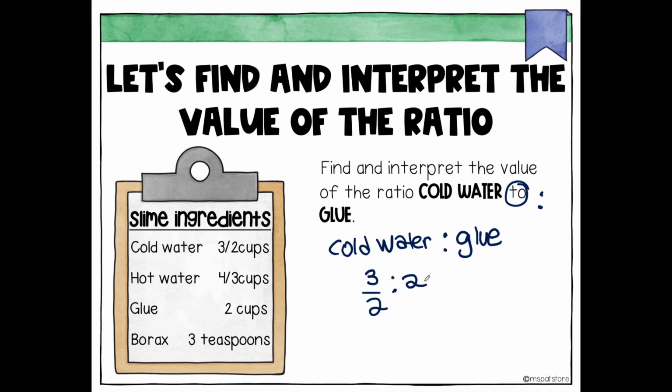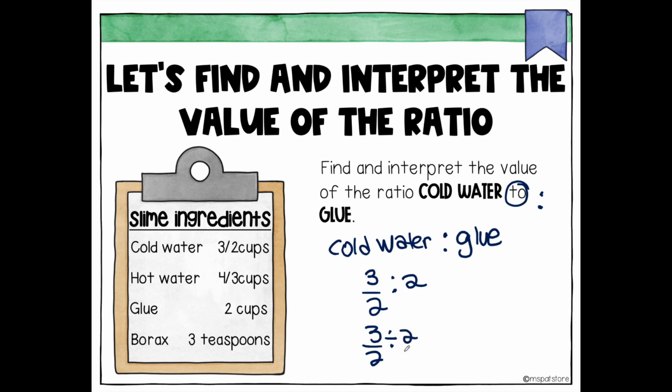Whenever they ask you to find and interpret the value of the ratio, basically you will divide that ratio that they're asking you. So I will do 3/2 divided by 2, like if I put a little line here for the division symbol.